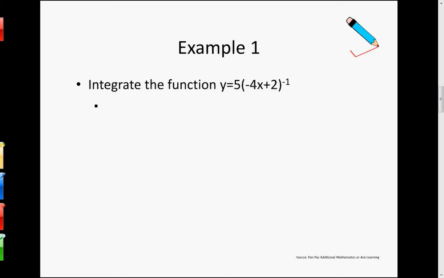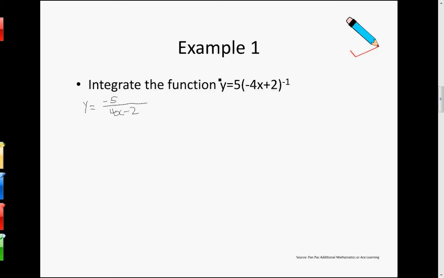Let's integrate the function y equals 5 over (minus 4x plus 2) to the power negative 1. I would want to rewrite it into a form that we are more familiar with, so 4x minus 2.